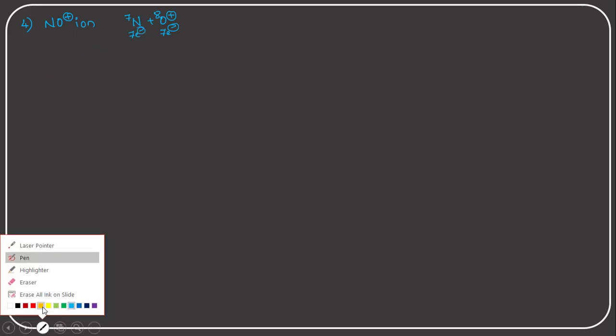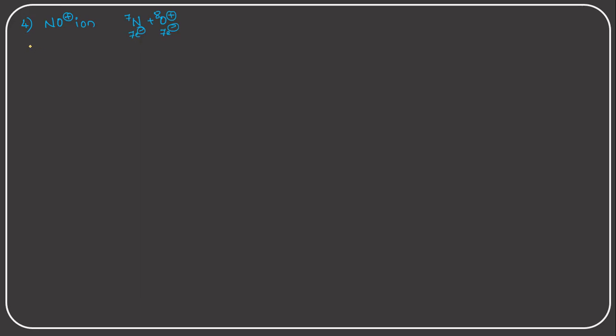So what will be our first point in the molecular orbital theory? We have to know the atomic number and electronic configuration of both the atoms or ions, right?